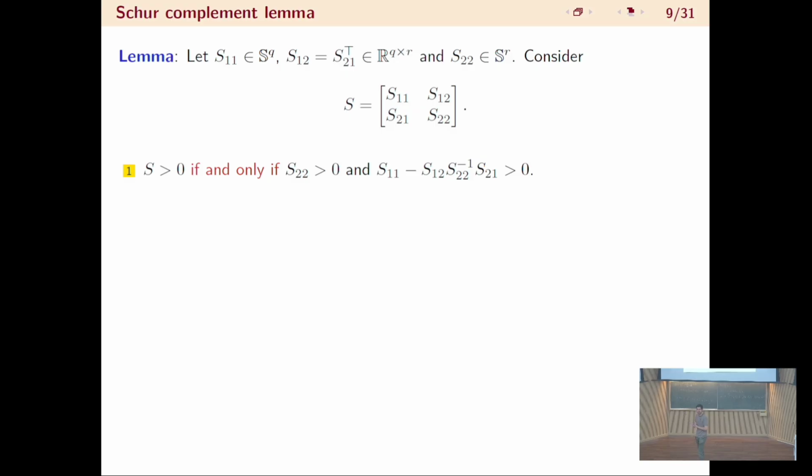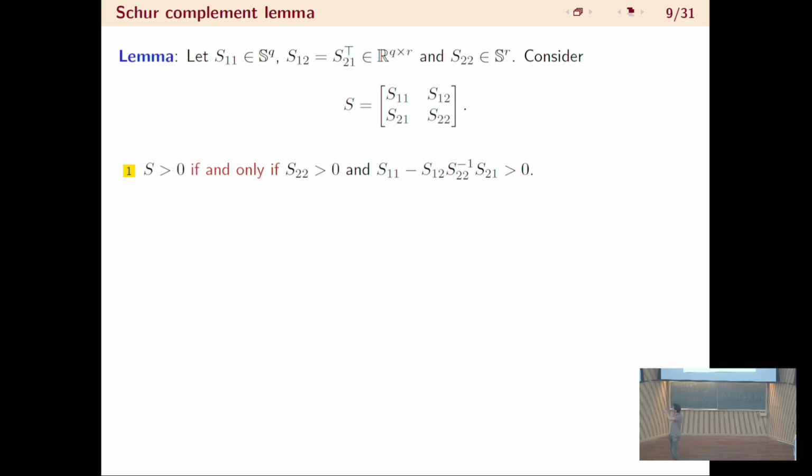S12 is S21 transpose, and S22 is also a symmetric matrix, let's say of size r by r. But the question in the Schur complement lemma is, under which conditions is this matrix S positive definite? How can we verify that?